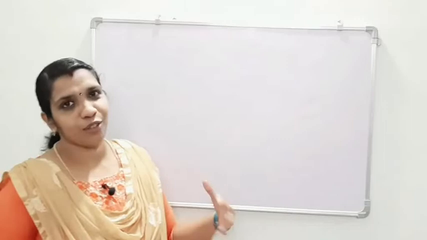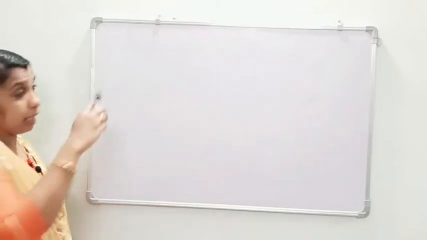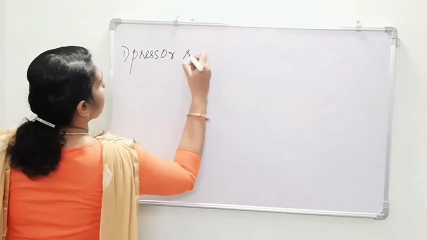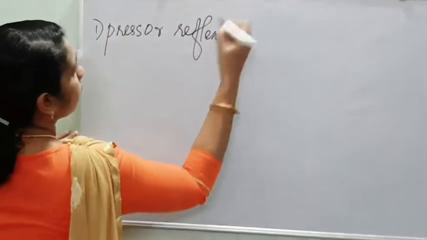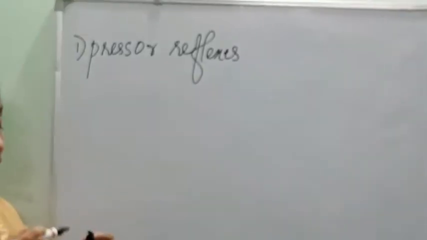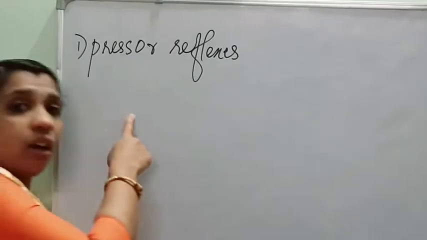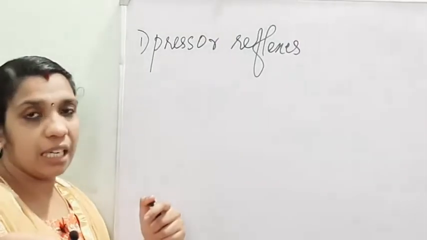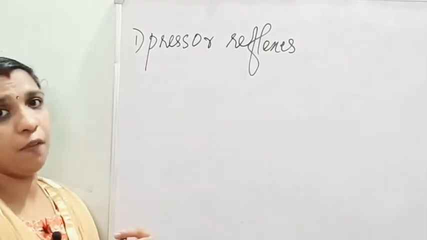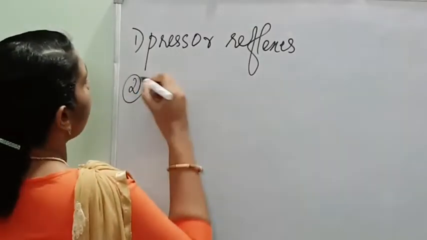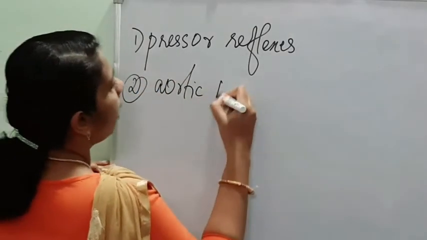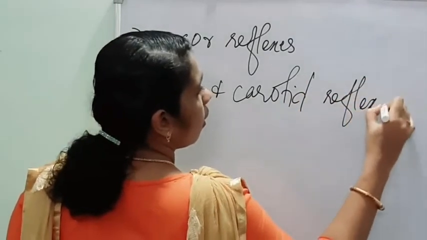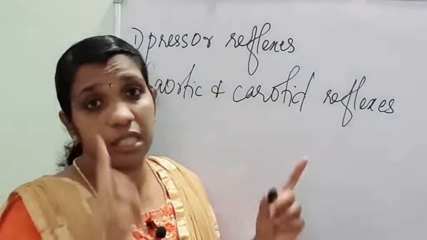We are discussing pathophysiology, and the three mechanisms are, one, pressure reflexes. These are present in the arterioles and venules, so this will not allow the blood to pool downwards. You understand? Second is aortic and carotid reflexes, which are in the heart.